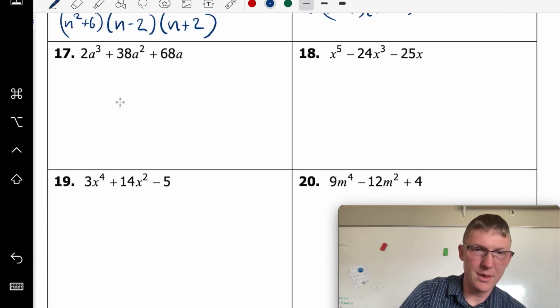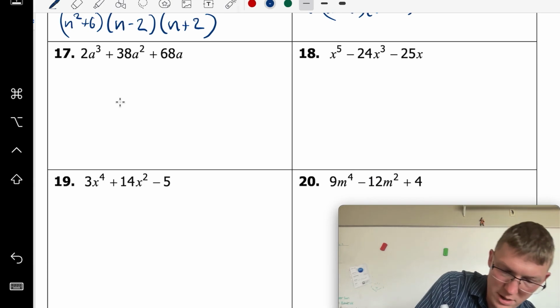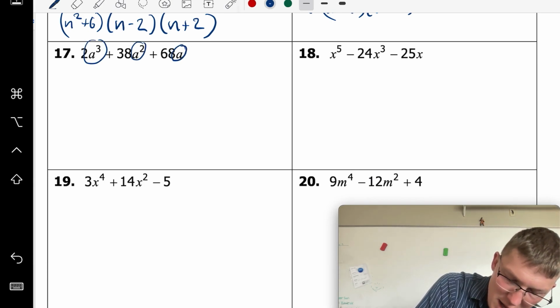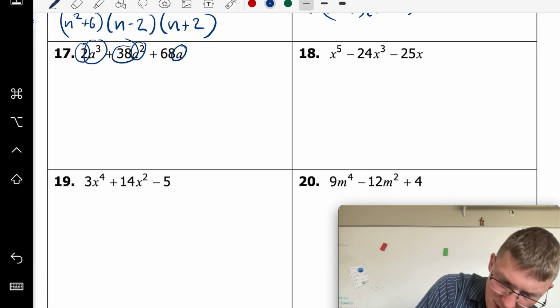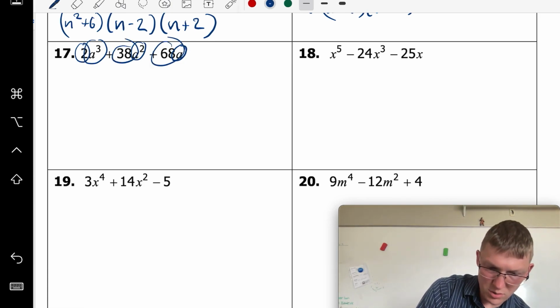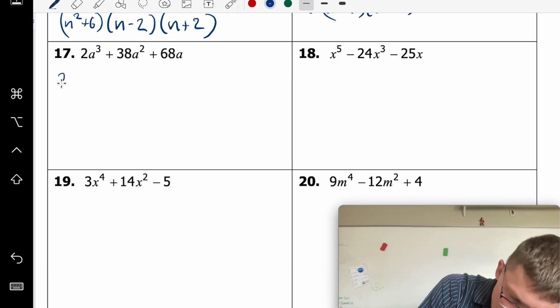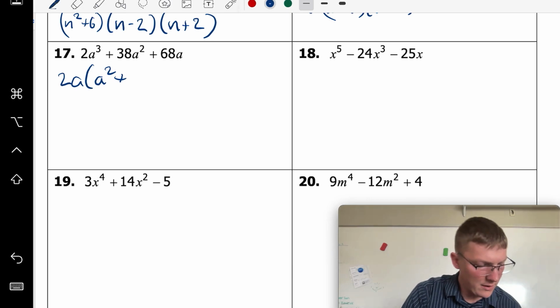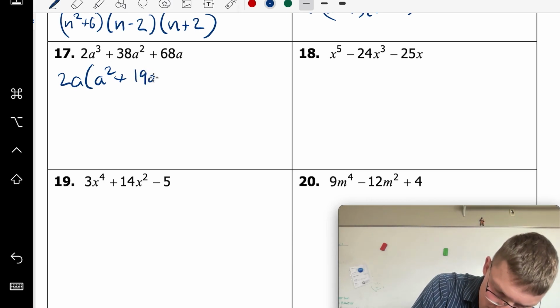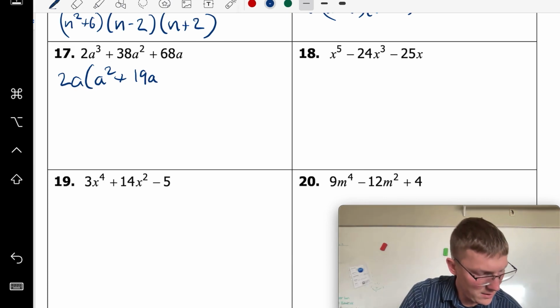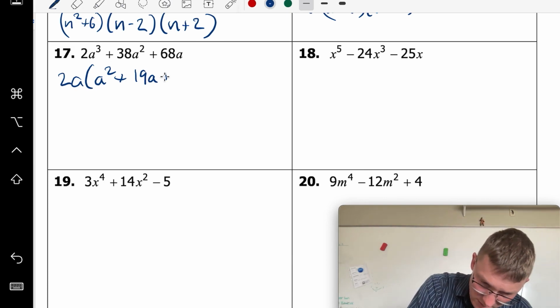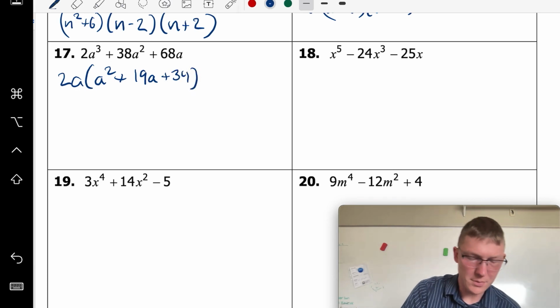More practice with trinomials. Here we go. I see an A, an A, and an A. And I also see a 2, an even number, and an even number. So let's factor that stuff out before we get too deep into the weeds. We're going to have a 2A on the outside. So we'll have A squared plus whatever 38 divided by 2 is, 19A, and 68 divided by 2 is 34.